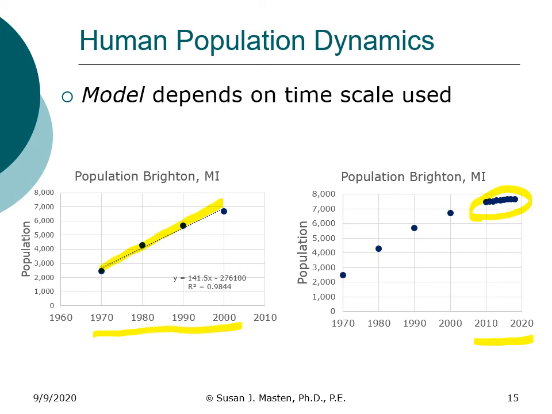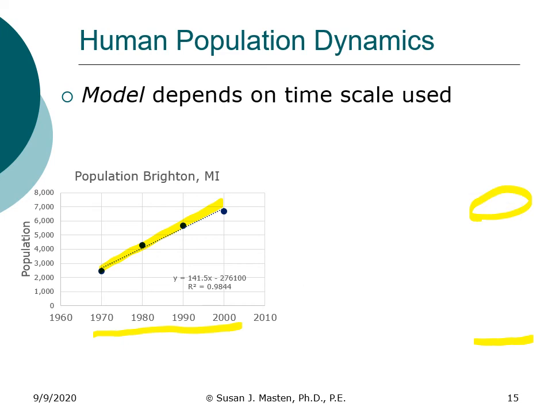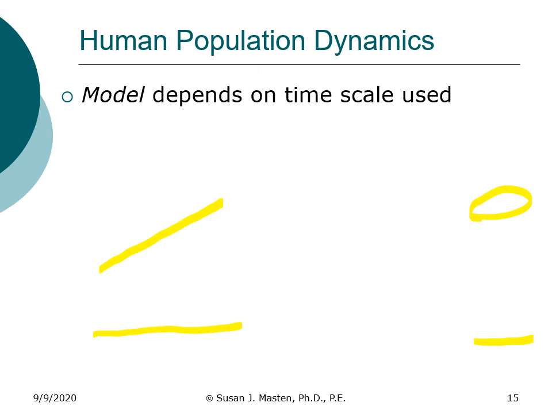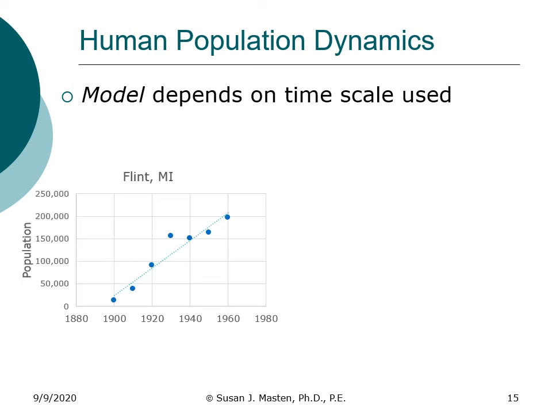we see that there isn't significant change here. Now, let's look at Flint. With Flint, again, if we look at the population from 1900 to 1960, it looks linear.